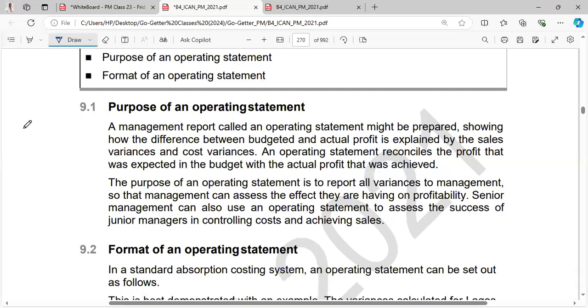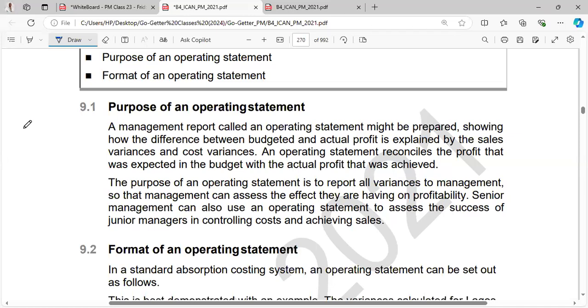This report shows the differences between the budgeted items and the actual items, especially the budgeted profit and the actual profit.